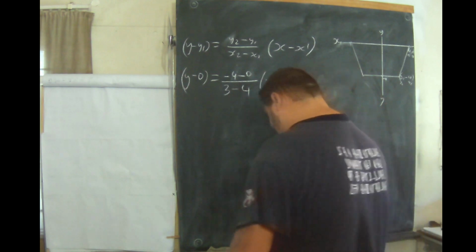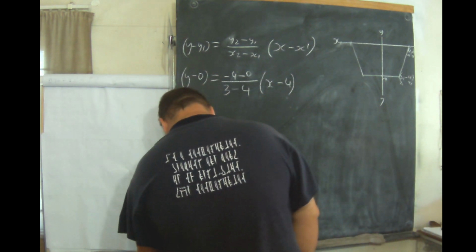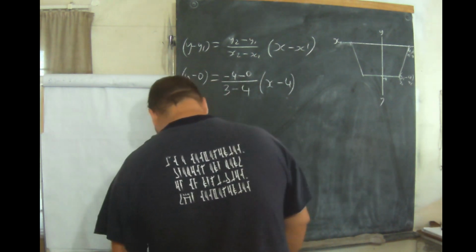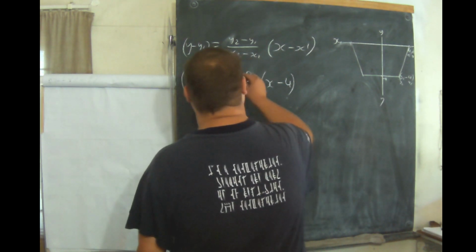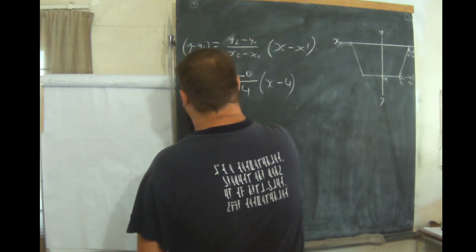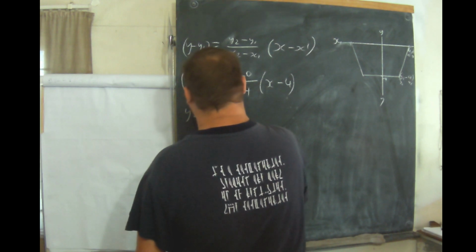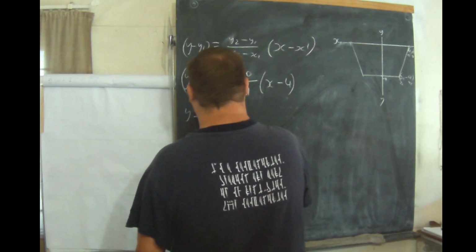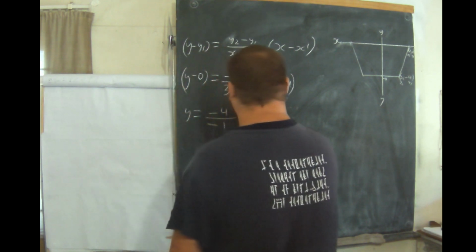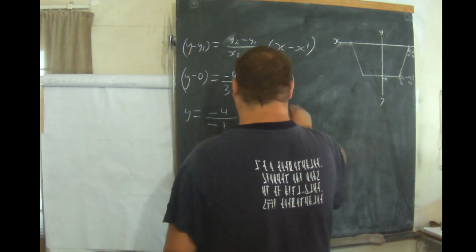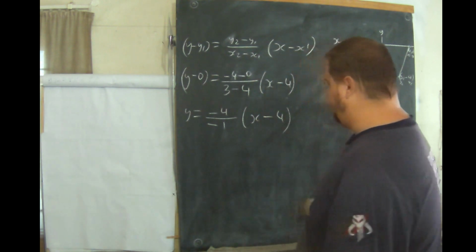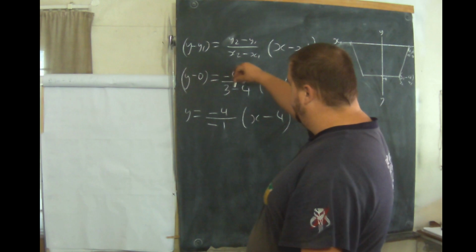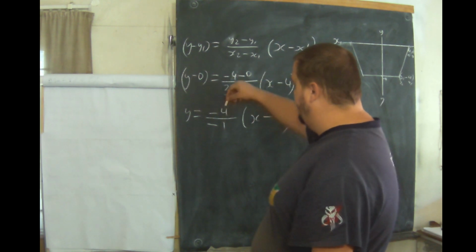Alright. So what we have here is y is equal to minus 4 over minus 1, times x minus 4, because 3 minus 4 is minus 1.